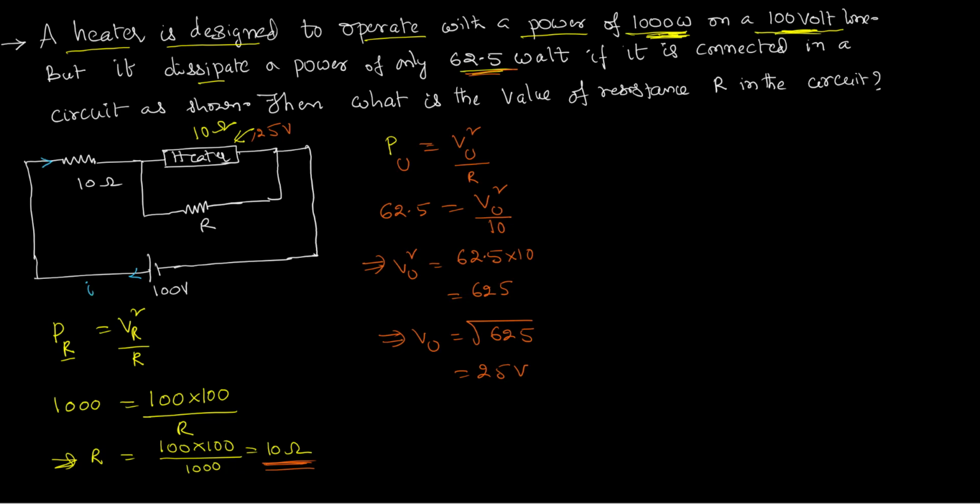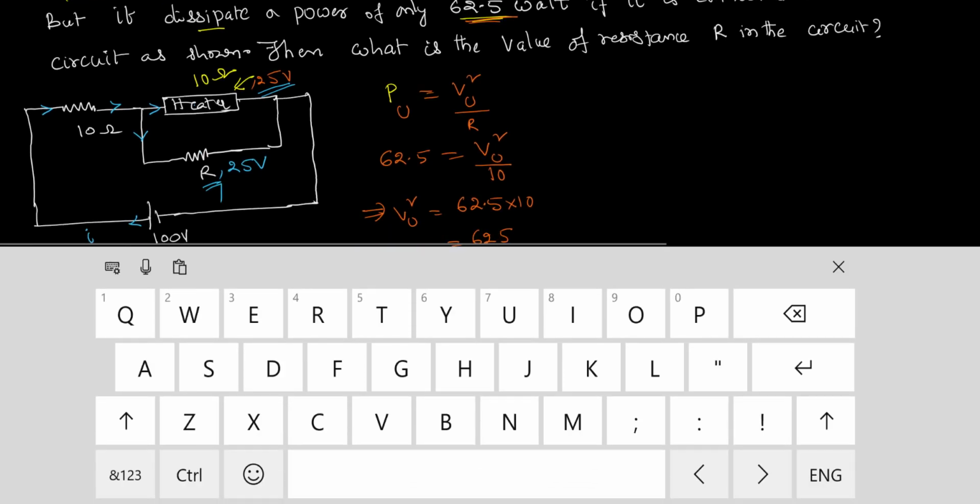Entire current will go through this 10 ohms. Here, these two elements, heater and resistor, are in parallel. So current gets divided, but the voltage is the same. It means when there is a 25 volt drop across the heater, across this resistance is also a 25 volt drop. Now I need to calculate the value of this resistance.